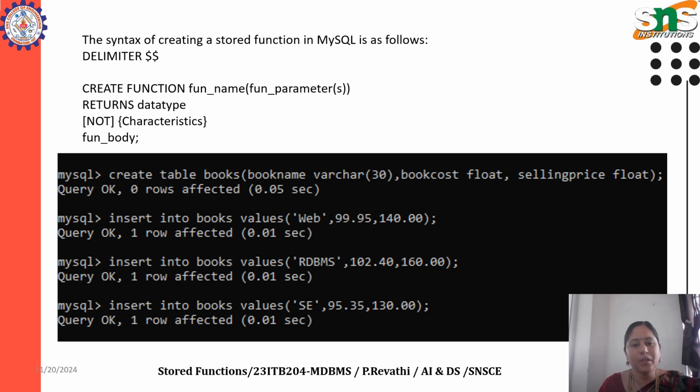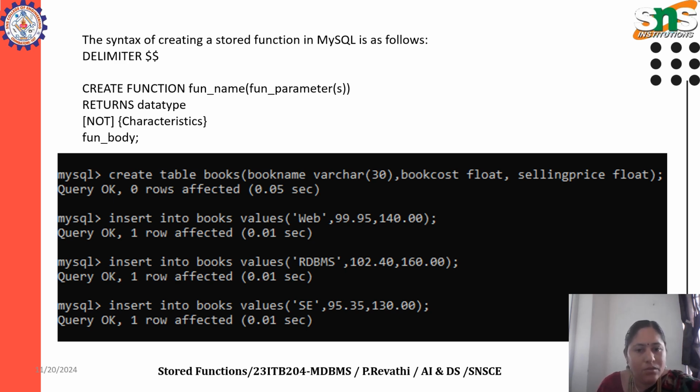Create table books. Book name is a field name, varchar of 30: data type and then size. Then book cost is the field name, float is the data type. Selling price is the field name, float is the data type. Using these field names and data types, we are going to create the books table.